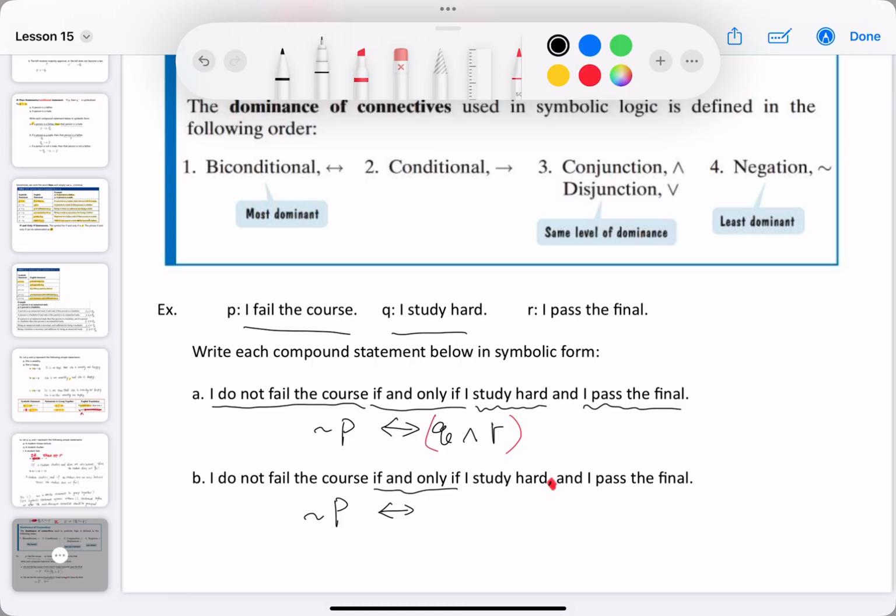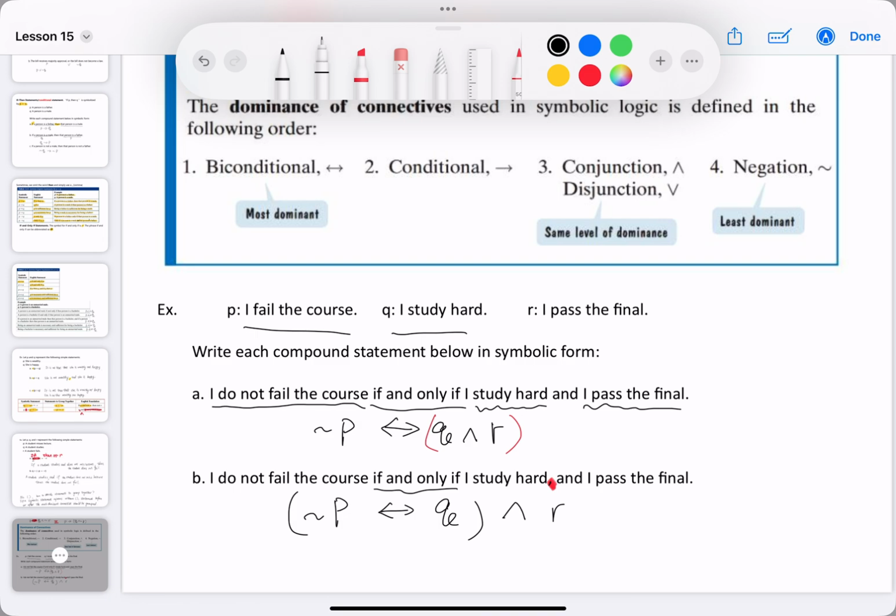I study hard is Q. I need to combine the negative P and Q into a group. And after the comma, I have the last statement, and I pass the final, which is R.